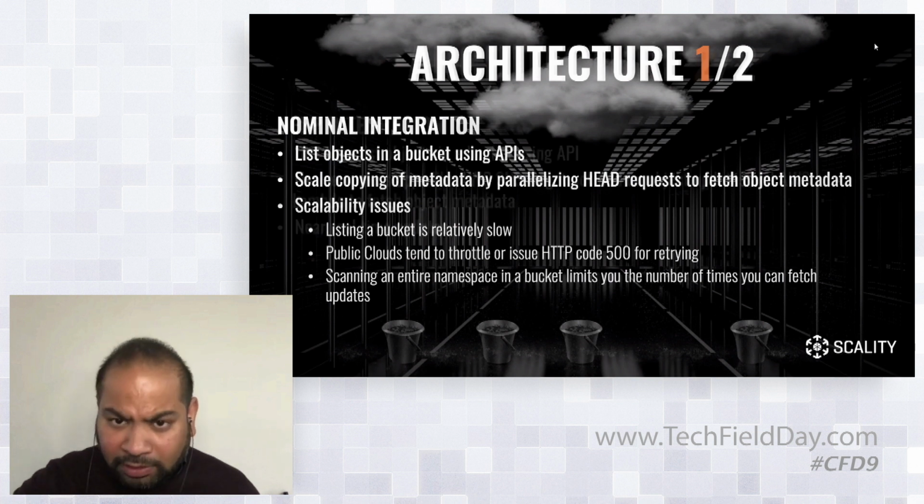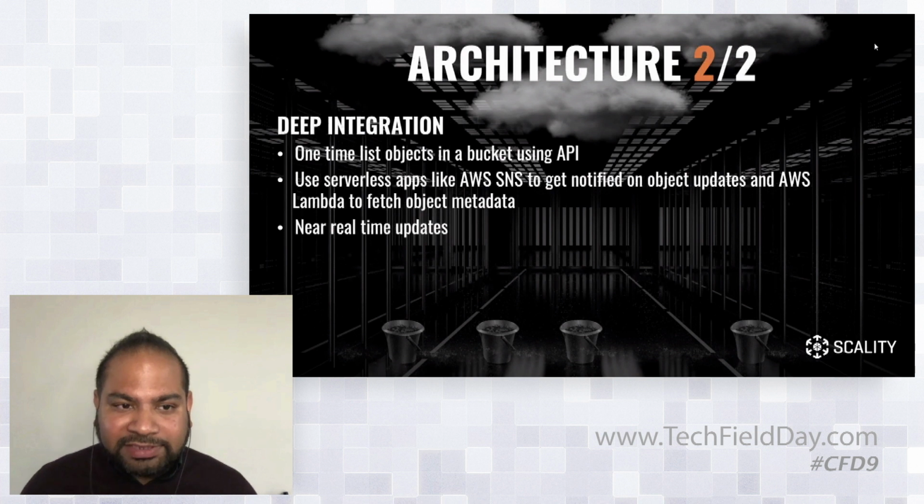So how we fix this is essentially what we call a deep integration. The first time the bucket is added to Zenko, we do a one-time listing. It's kind of a snapshot of the bucket, and then we leverage the power of serverless apps like AWS SNS to get notified of any updates.